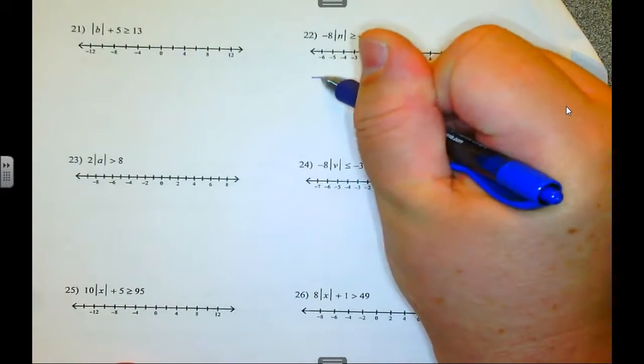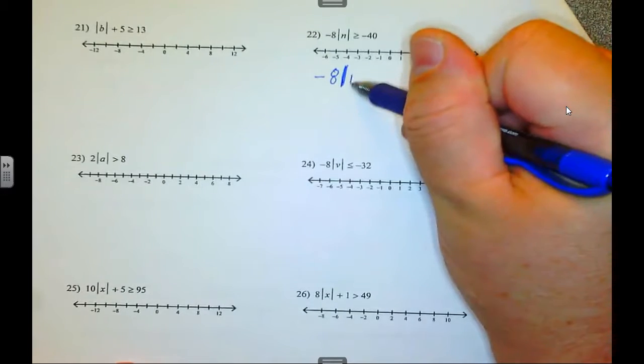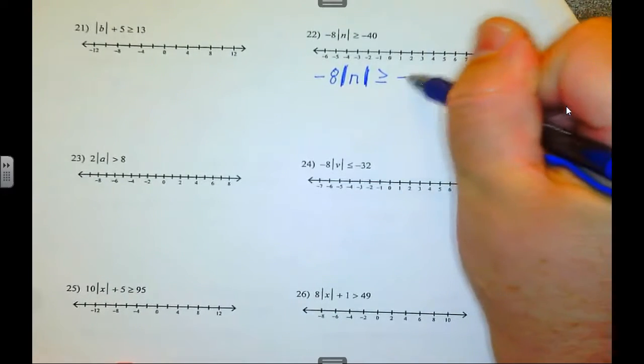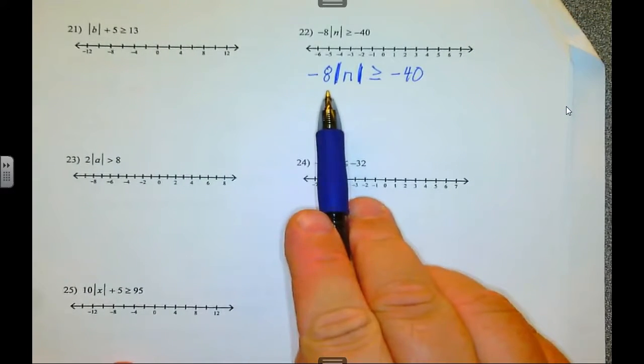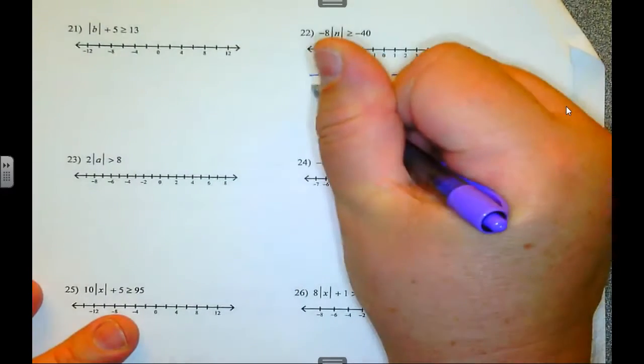Okay, so I've got -8 times the, I'm going to rewrite it, absolute value of n is greater than or equal to -40. Now I have a mathematical operation here, right? Being multiplied. How do I undo multiplication? Divide by the coefficient.